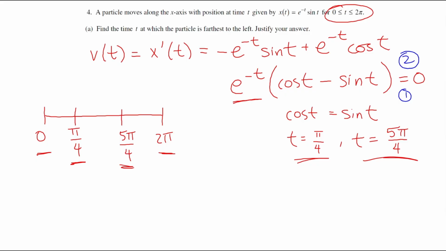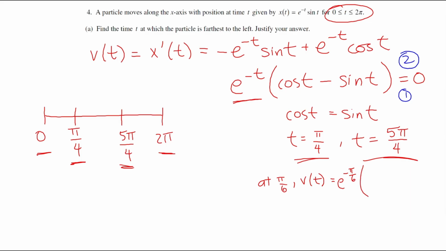So if we plug in something between 0 and pi over 4, for example, let's say we were to plug in pi over 6 into our derivative here, or to our velocity, right? At pi over 6, v of t is equal to e to the negative pi over 6, which is a positive number.